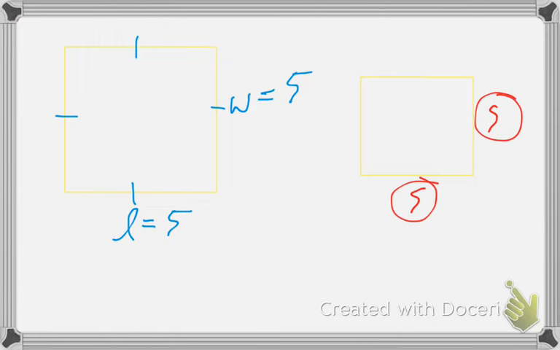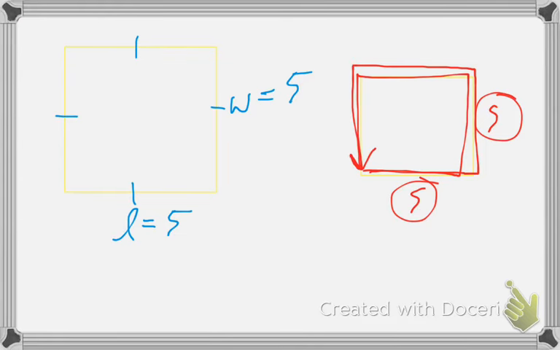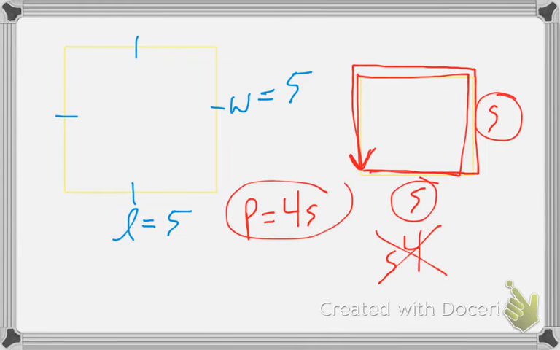So what would the perimeter of a square be? What would the recipe be for that, or the formula? Well, you'd have to do 1 side, 2 sides, 3 side, 4 side. So the perimeter of a square would be side times 4, 4s. You don't write side times 4, you do it like this, 4s.